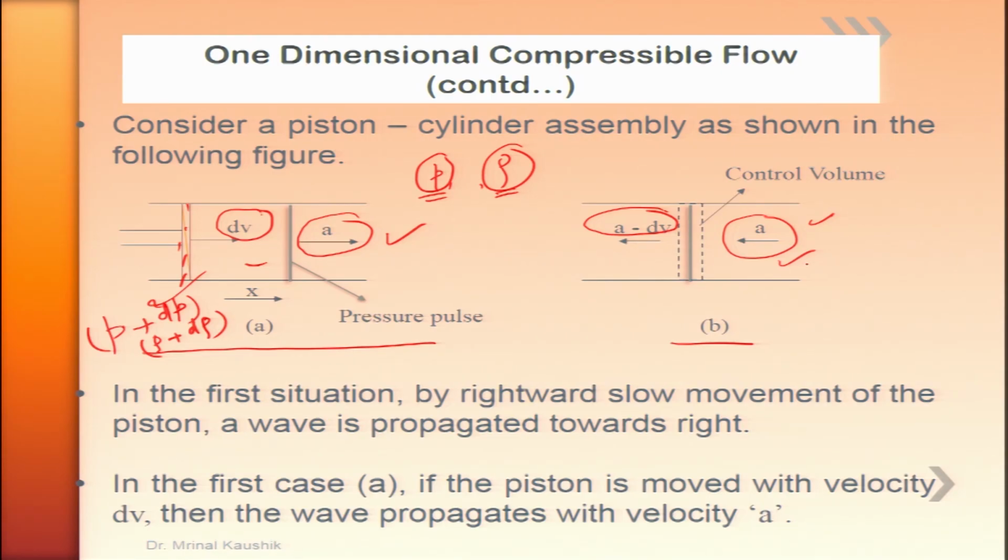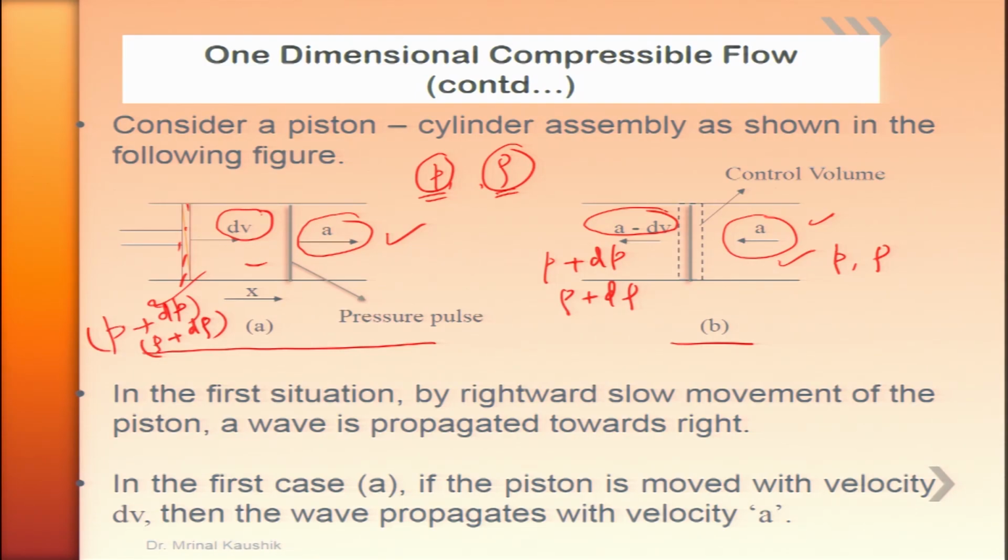However, the condition upstream is still pressure P and density rho, whereas here it becomes P plus dP and rho plus d rho. Moreover, to analyze better, let us have a small control volume, drawn here with the dotted line all over covering the wave. Now, in this situation, we will apply the conservation laws and see what information we obtain about the acoustic wave propagation.